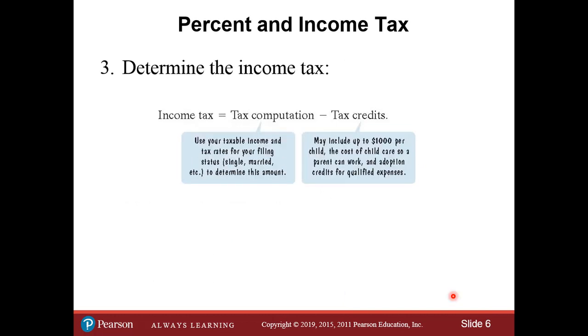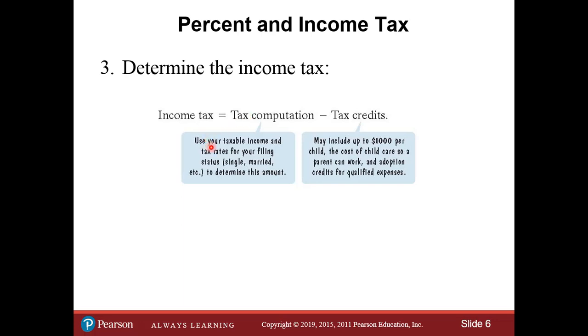Now, step 3: once you've determined your taxable income, then you figure out what your income tax is. Now, there's 2 parts to this calculation. You have to figure out what your tax computation is. This is using a chart.